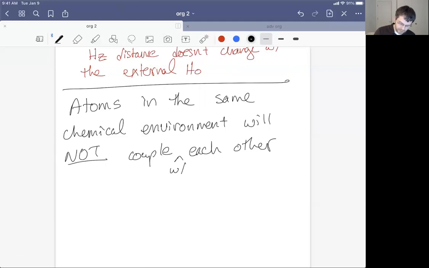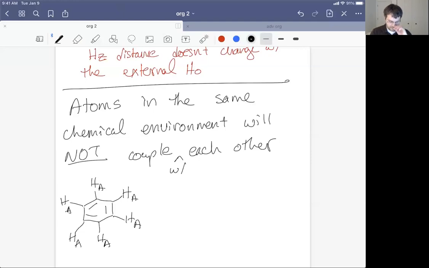Okay. Now, what that means is that if you've got a molecule like this, which is just benzene, and we've labeled this by saying that it only has one hydrogen signal because the symmetry of the molecule was such that every hydrogen is actually in the same chemical environment. Now, if you just look at one of the hydrogens and count bonds, you have two hydrogens that are 3 bonds away. So perhaps you would expect this to be a triplet for that one signal.